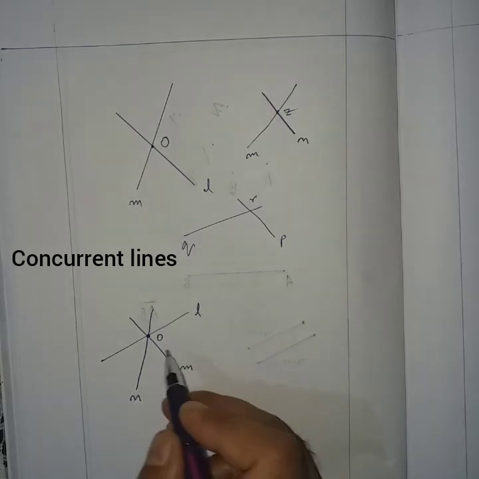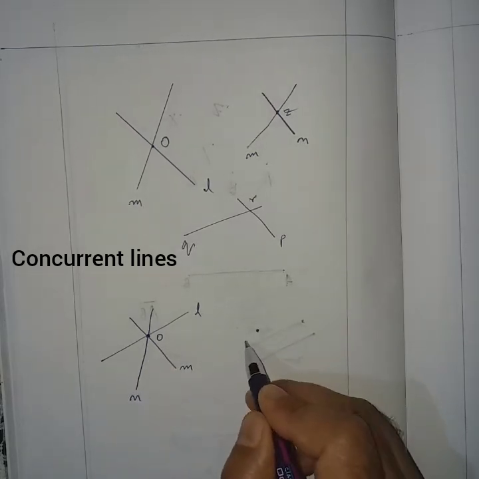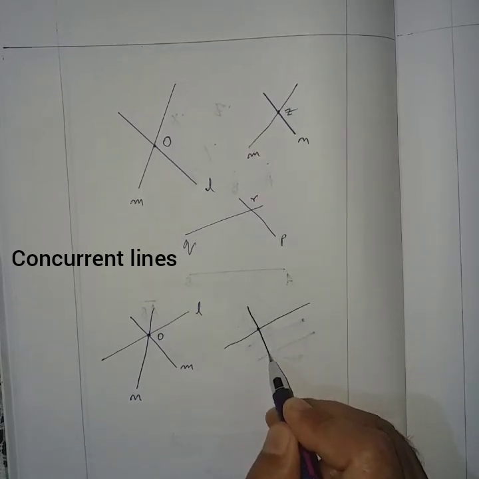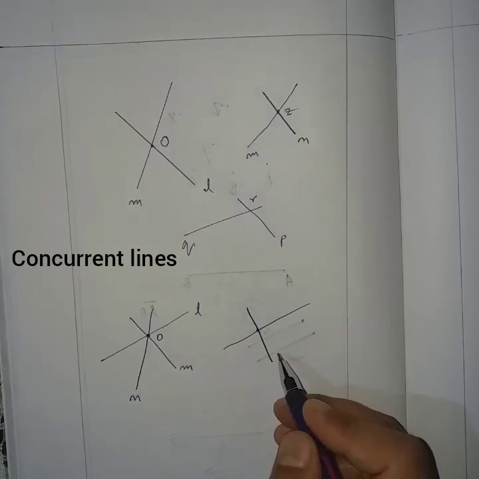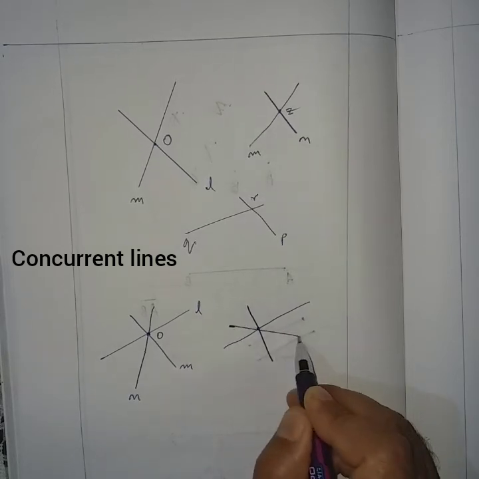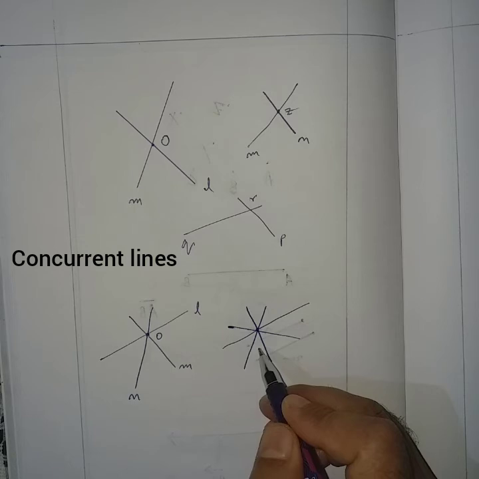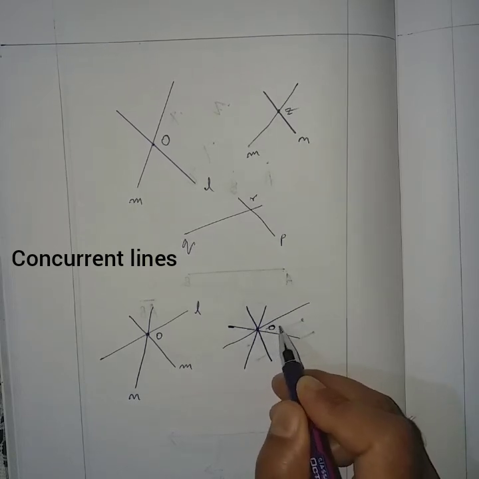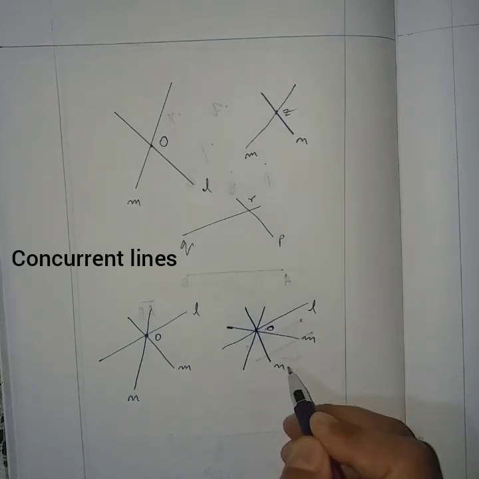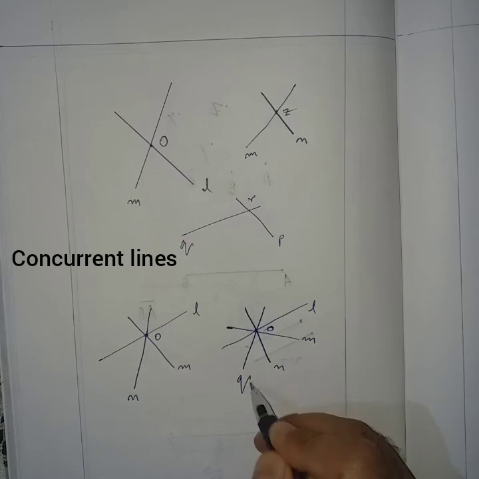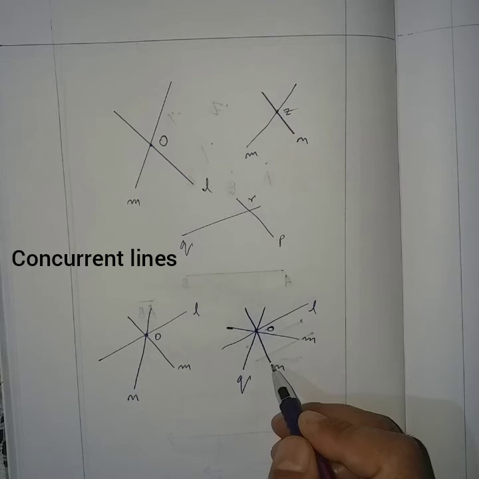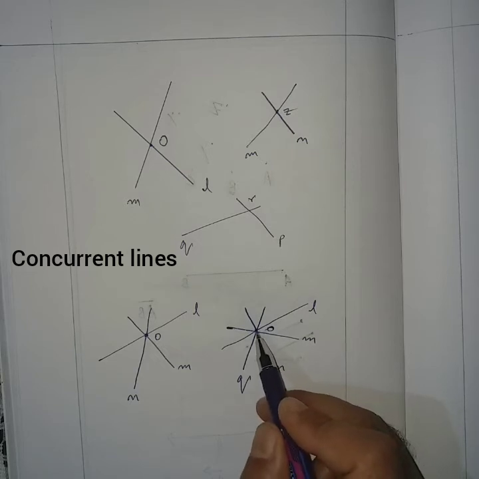It can be three or more, but at least three we'll consider. If two lines have one common point, we call them intersecting lines, and if three or more lines have one common point of intersection, we call them concurrent lines. Here lines L, M, and Q are concurrent lines as they have one common point, that is O.